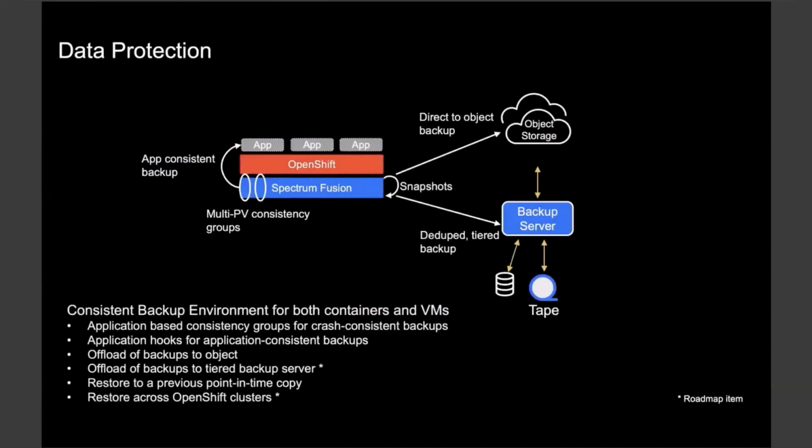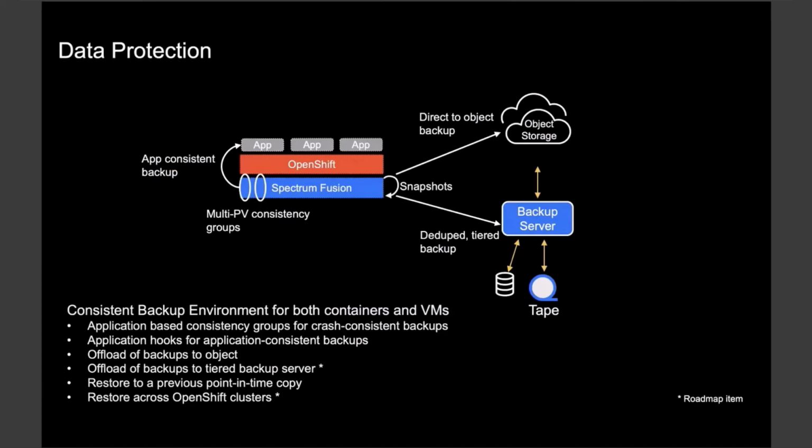A key attribute of an enterprise class production ready data management platform is data protection. So when you deploy applications, you want to make sure that you can back it up on a regular interval so that you can go back to a known good state at any point in time if something bad happens.